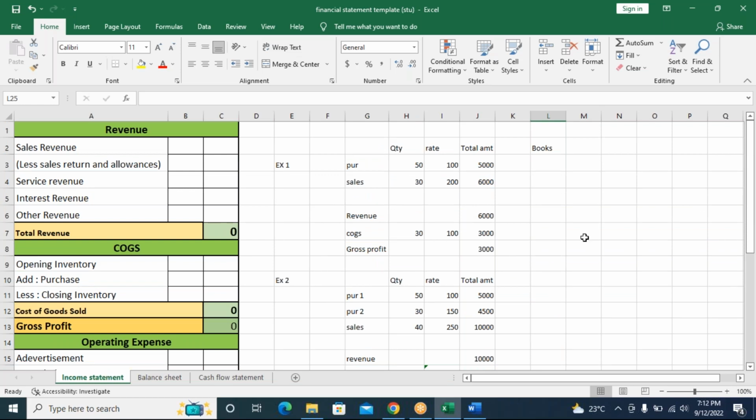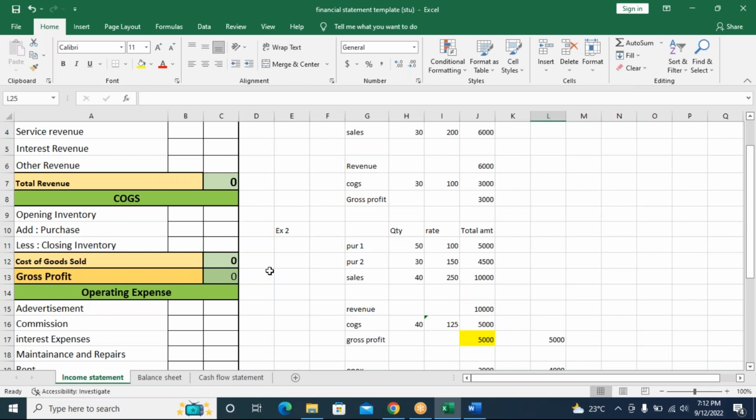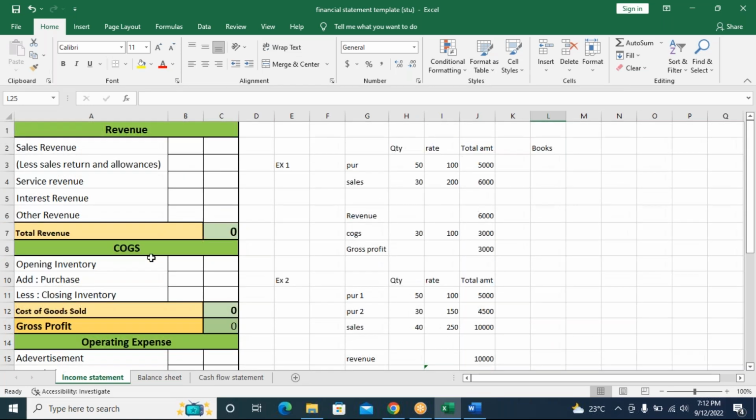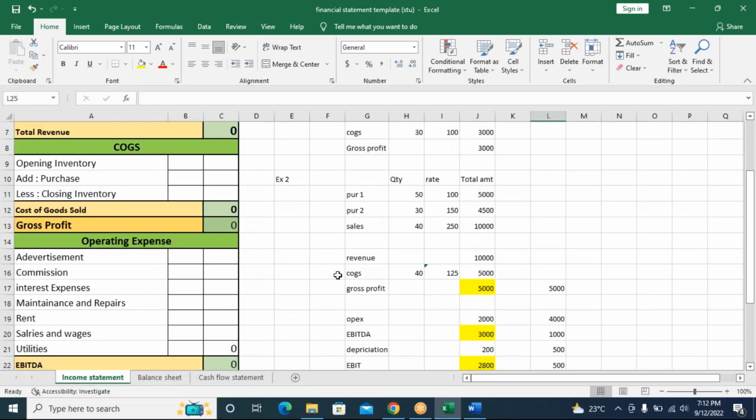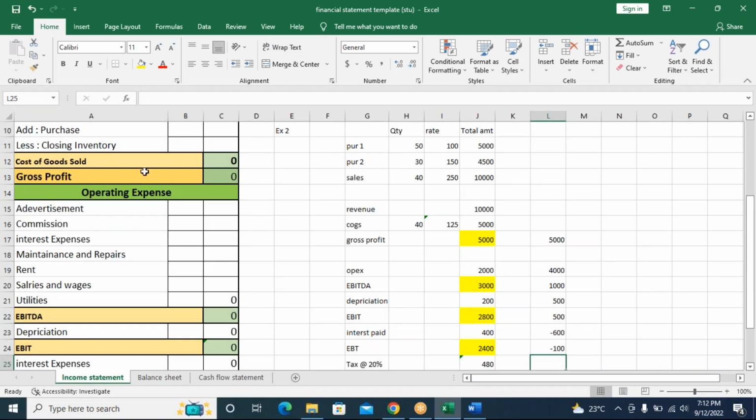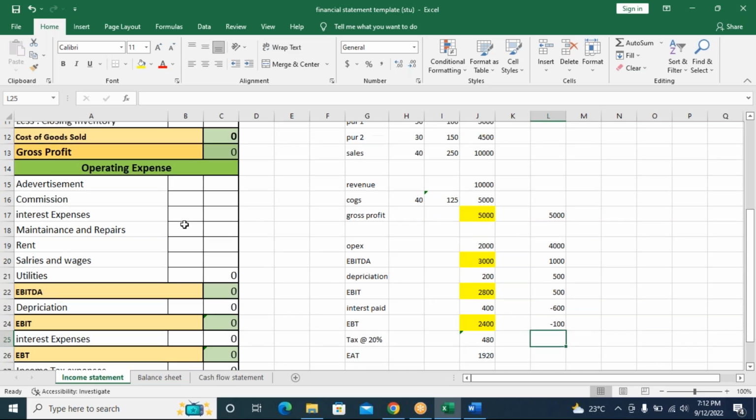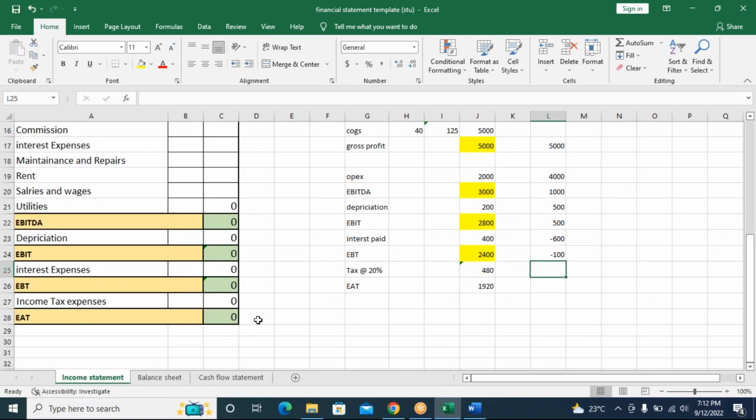So let's go to the statements, income statement. Does anyone else have a doubt in this, how the income statement will be calculated with the random values I have shown? So this is the format of how the income statement will be followed.